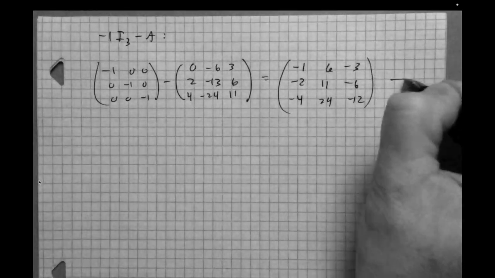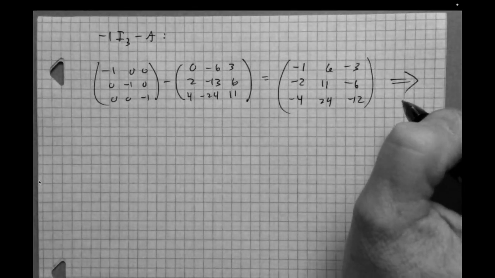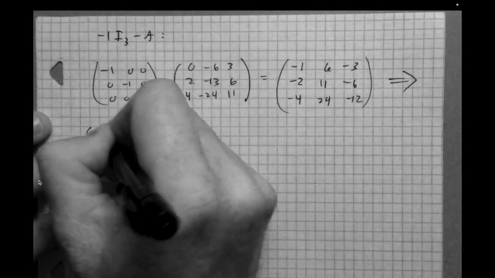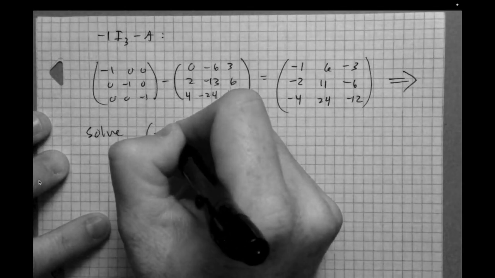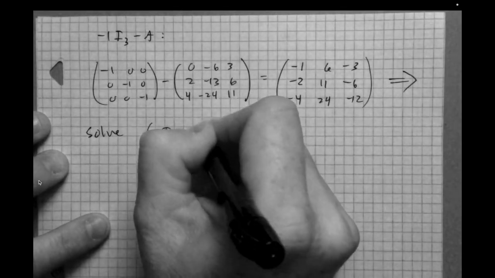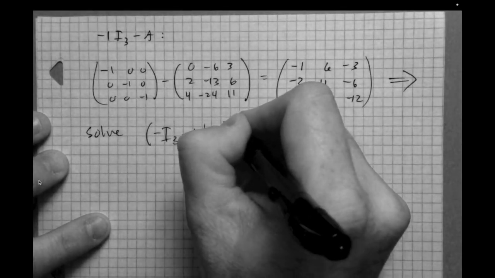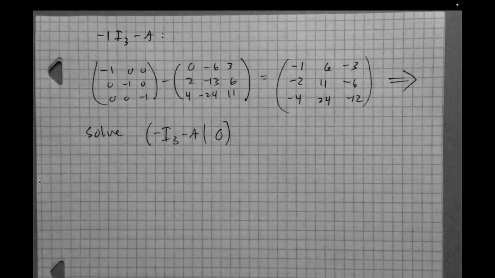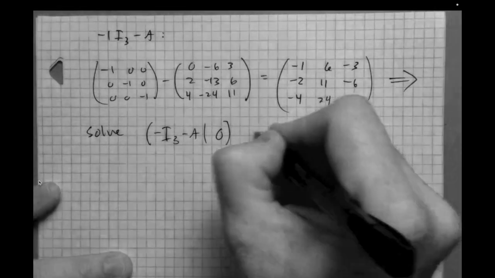Okay, so we get this guy here, and then we just have to solve -I3 minus A augmented with 0. We have to solve this and basically just row reduce it.